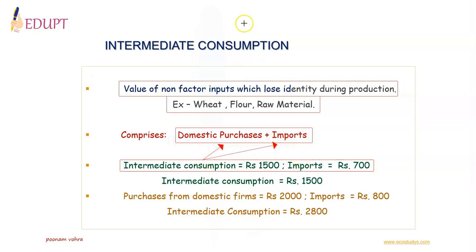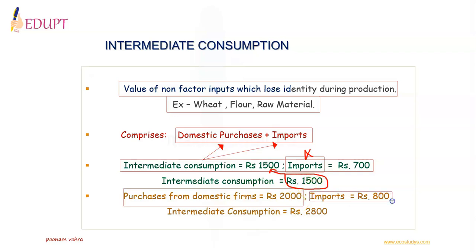So imports are then not to be included. In that case, intermediate consumption would be 1500 as is given.